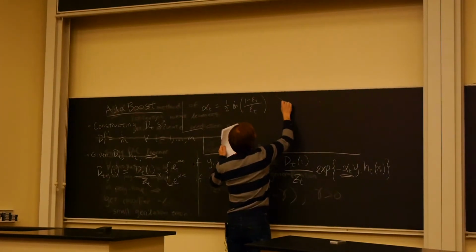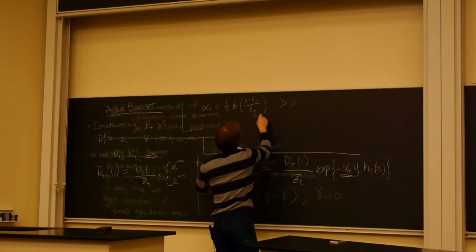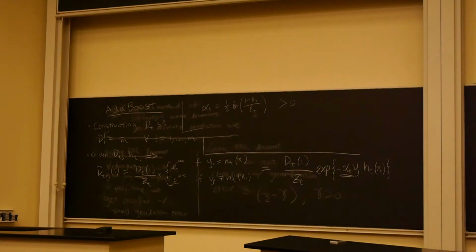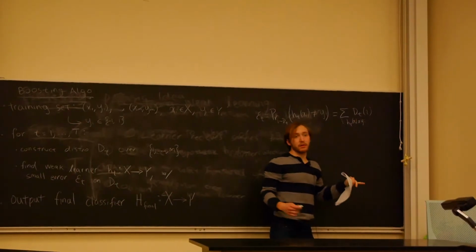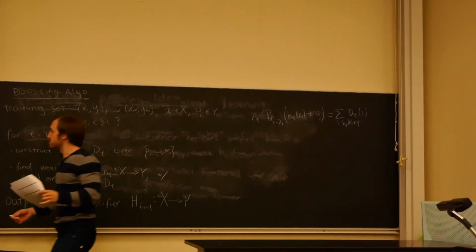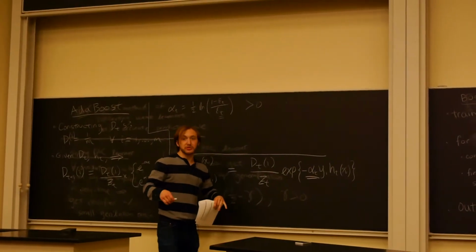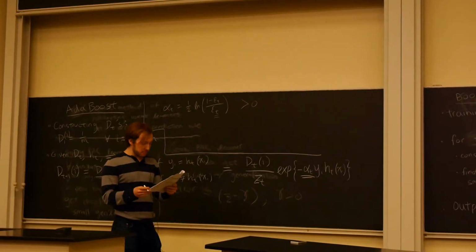Note that this is positive. And also epsilon t here is defined when we wrote out the general boosting algorithm. We wrote it up here as if you sum over all of the mislabeled points and you take the distribution weight over each of those points. Okay, so again, this is the update for the distribution in each successive round.